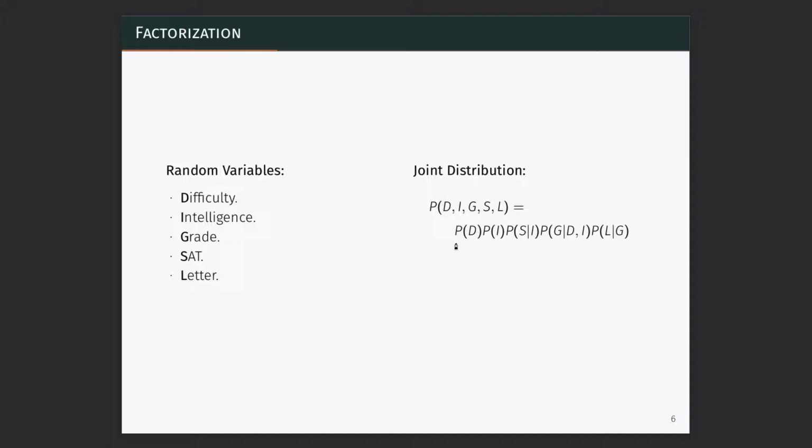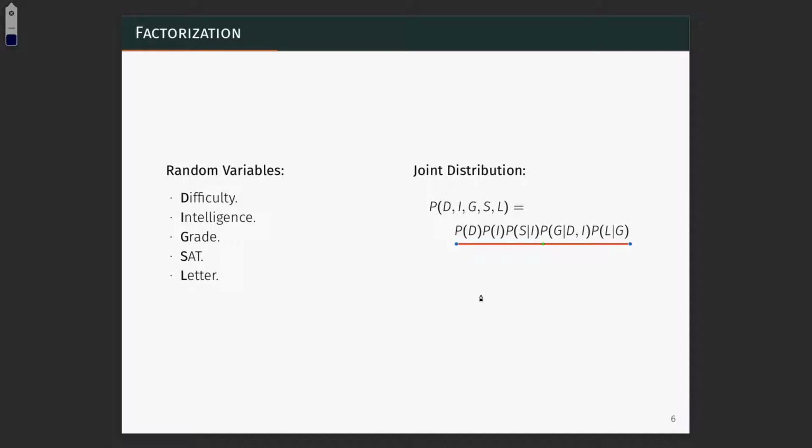So the joint probability distribution will be the multiplication of the variables that are independent, which we saw are difficulty and intelligence, because they are at the top of the graph, or basically they don't have any parent above them. All other variables depend in some way or another on these two initial random variables.